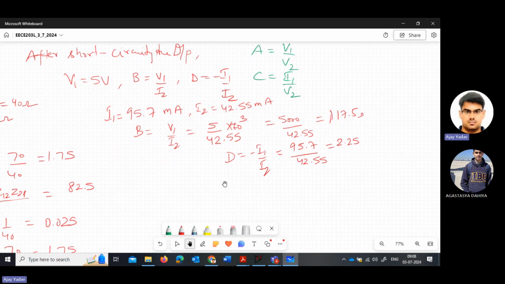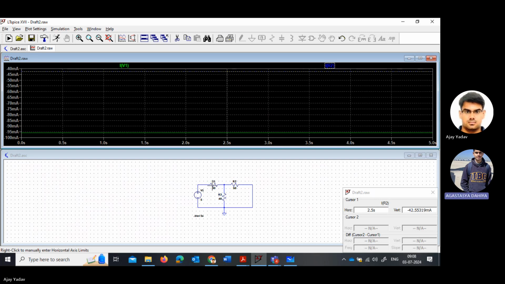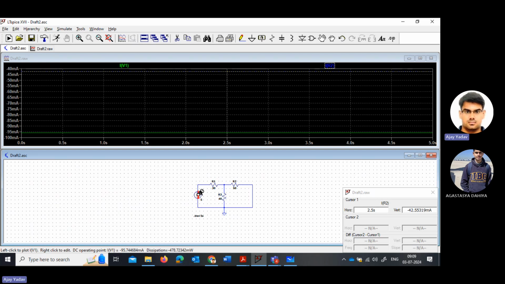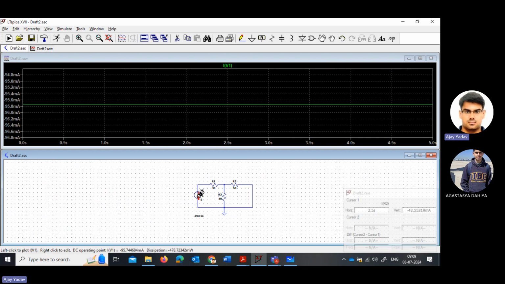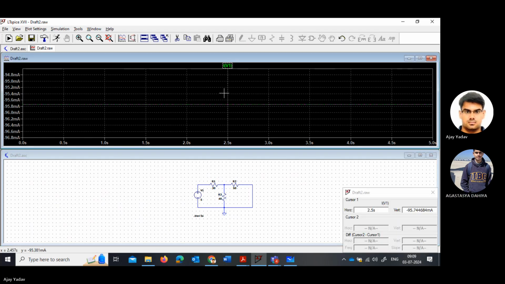Am I making any mistake? Let's check the circuit again. This is the value, minus 95.7. You know, this is 5 volt, 30 volt.